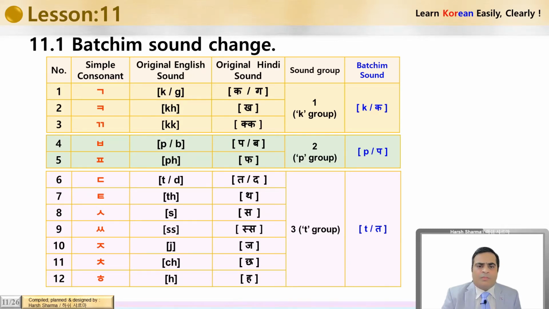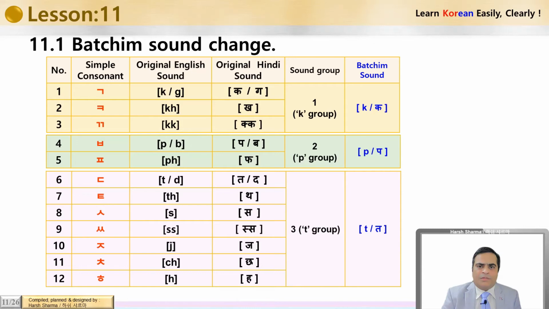Come to number 4 and number 5: there are two consonants, pa and pha. When these two are written at the Batchim position in any Korean word, they both will be pronounced as pa.